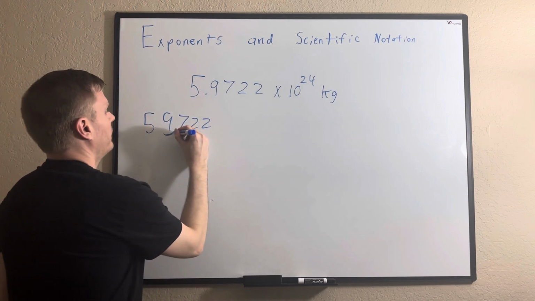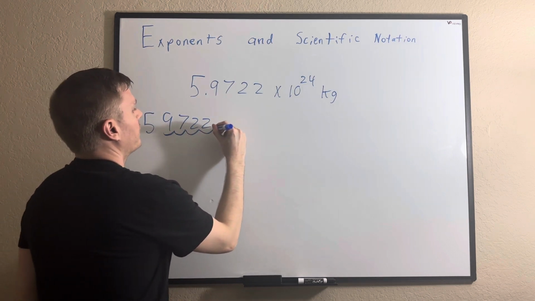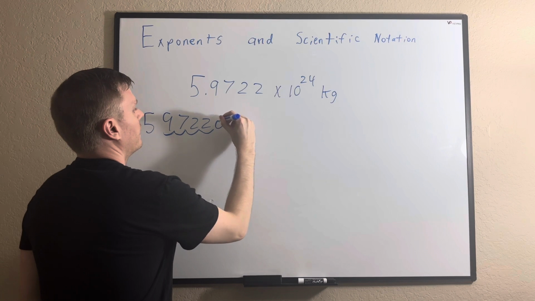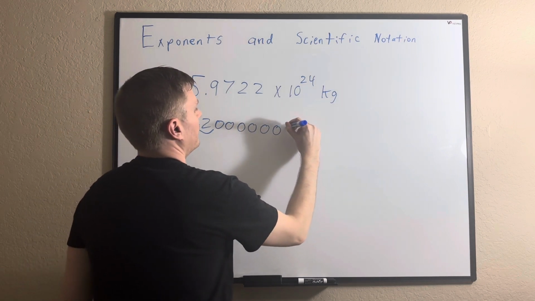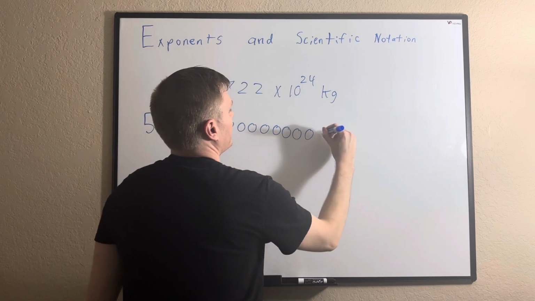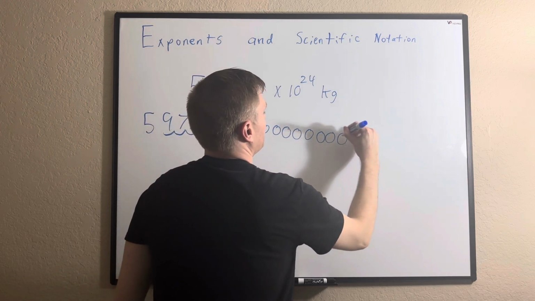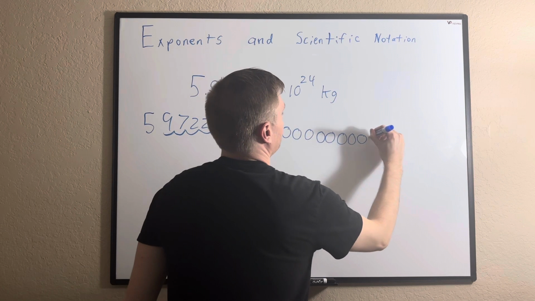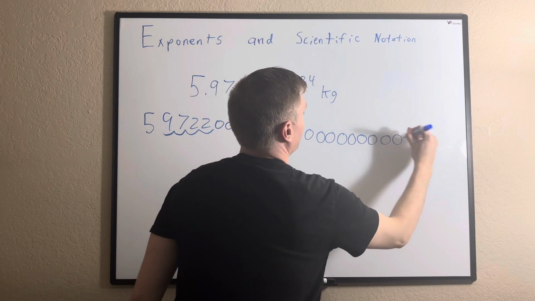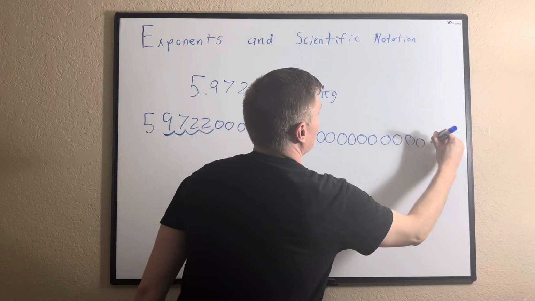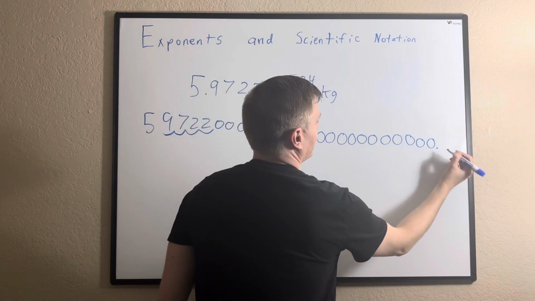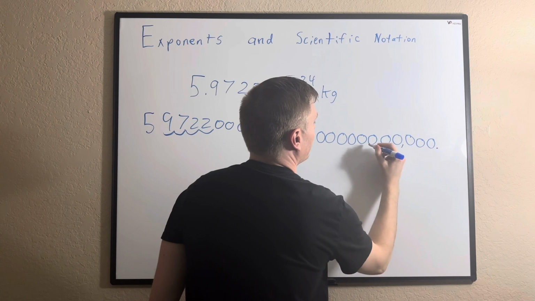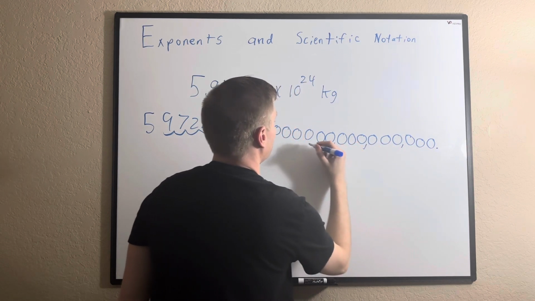So 1, 2, 3, 4, 5, 6, 7, 8, 9, 10, 11, 12, 13, 14, 15, 16, 17, 18, 19, 20, 21, 22, 23, 24. And that's where the decimal is. Put a comma after every 3 zeros.